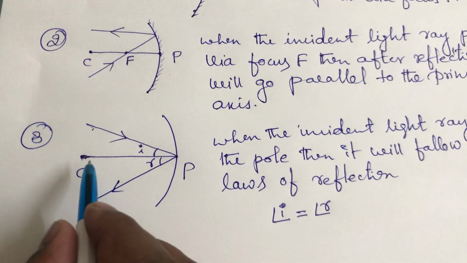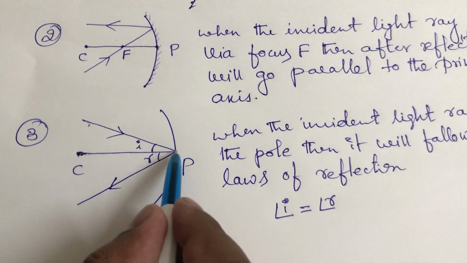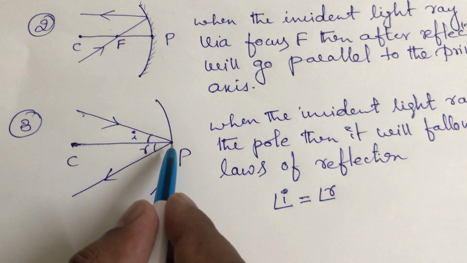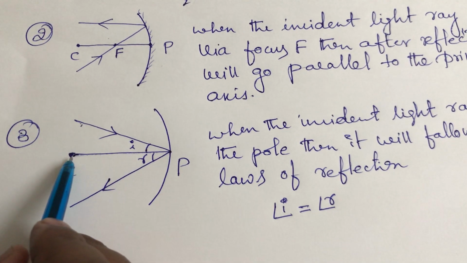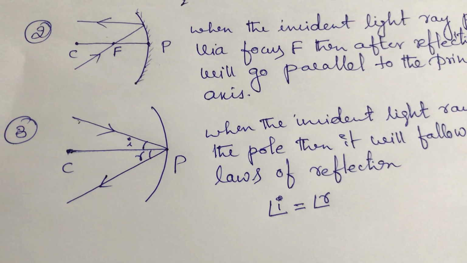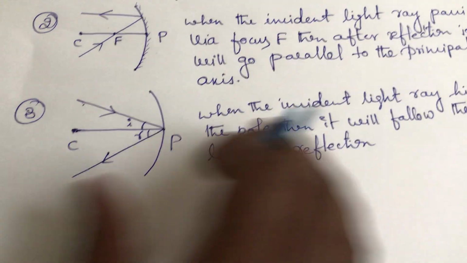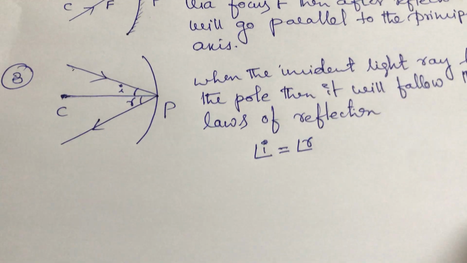And here we have to observe one more thing: CP is considered as the normal. Normal will always pass via the center of curvature. This is the third case.